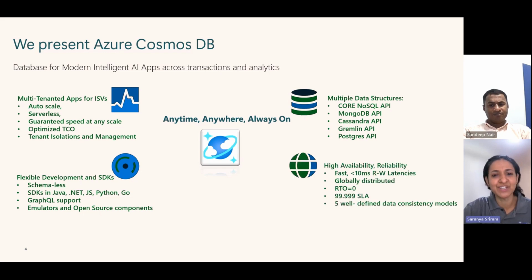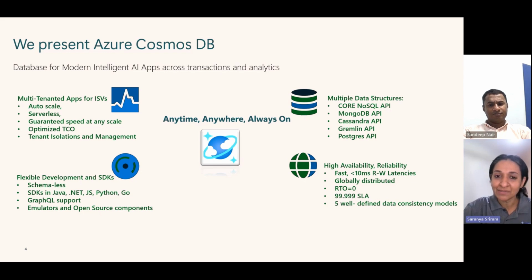The core differentiating tenet of Cosmos DB is its high availability, scale, and reliability as well. So Cosmos DB promises single-digit millisecond read and write latencies, a globally distributed database, potentially providing an RTO of 0.